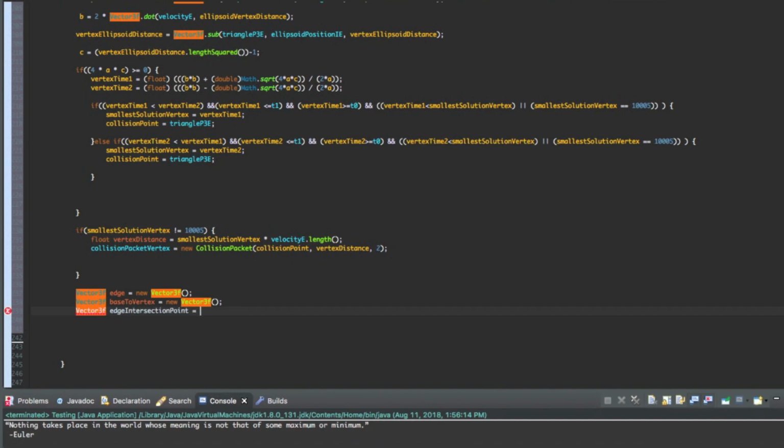So that's where the sphere will actually intersect with the edge. We need a float for the intersection distance. We need a vector 3f for the from edge point. We need a vector 3f for the smallest edge.